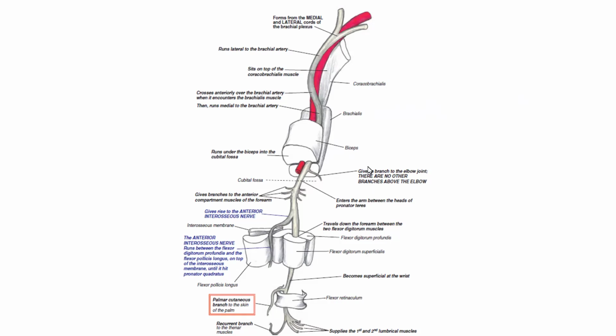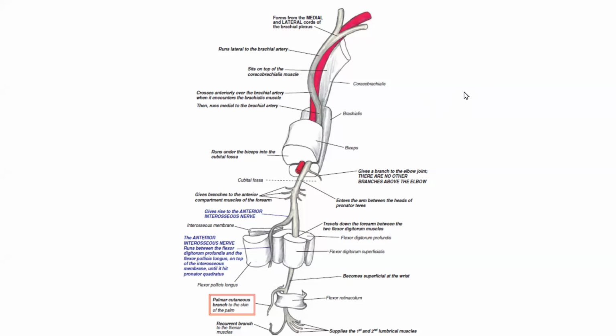And there it lies. It passes through the pronator teres, and it lies on the brachialis posteriorly. The brachial artery is lateral. The pronator teres is medial. The bicipital aponeurosis or lacertus fibrosus is anterior.